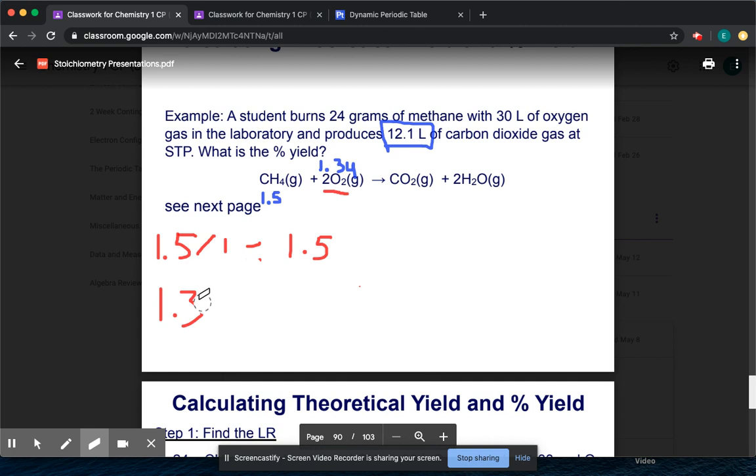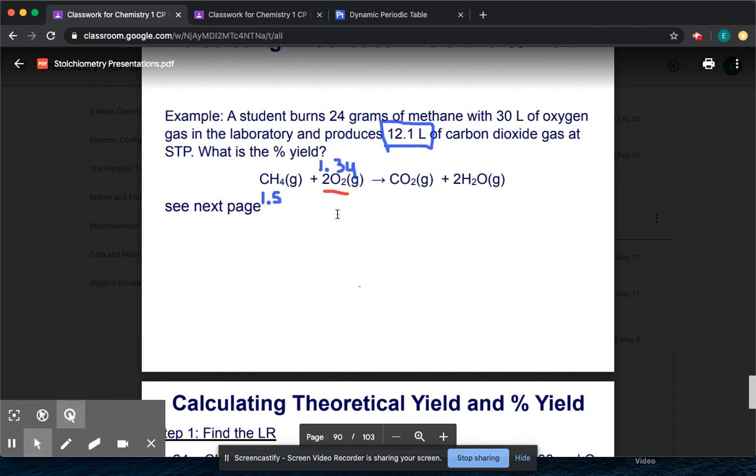Okay. Now that we have our limiting reactant, now we do the conversion to the product. Okay. So we were looking at carbon dioxide, so we need to convert this into carbon dioxide. So step one, I always tell you, is to set up your ratio. We are going to carbon dioxide, so carbon dioxide should go up top.